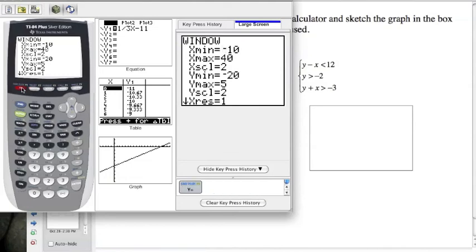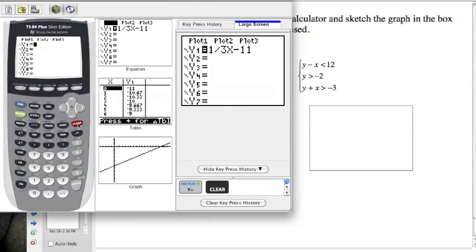So I'm first going to go into y equals. I'm going to clear out that one, and I'm going to put my first equation in, negative. Here's the negative button. It's not the same as the minus button, right? So if I want a negative number, I use that button there. So -3/2 x plus 6.